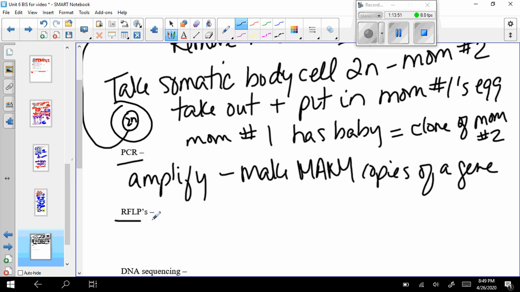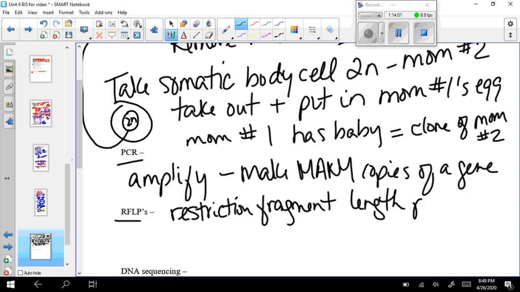And RFLP, that stands for restriction fragment length polymorphism. And so RFLP means from me to you, sometimes it's pretty difficult to tell our DNA apart.